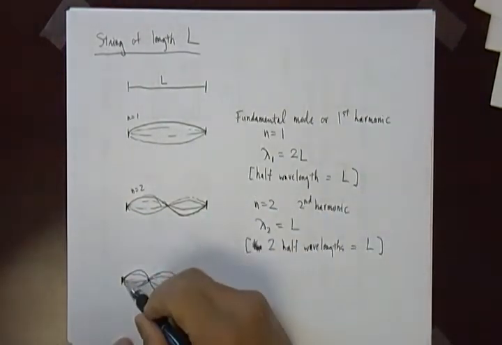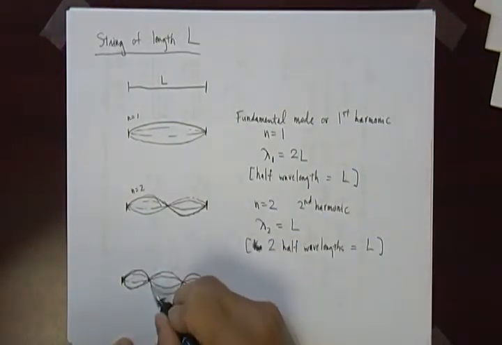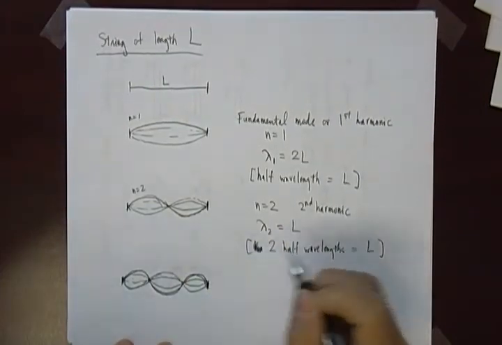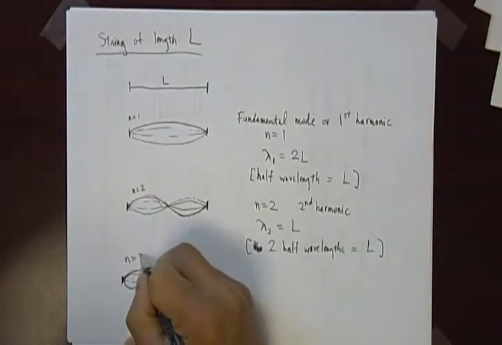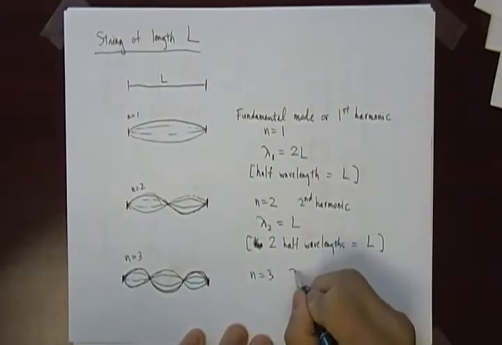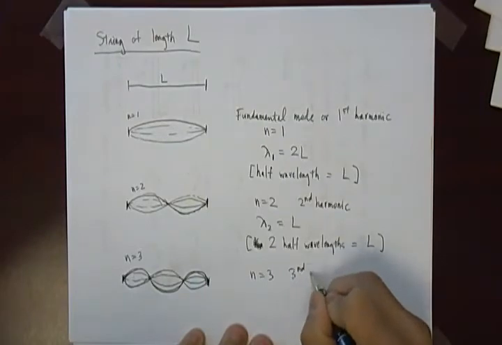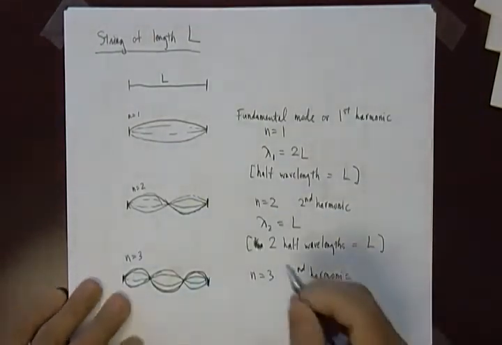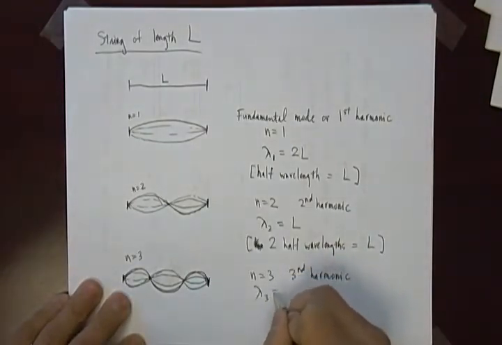So here we have the n equals 3 mode. N equals 3. And in this case, we call it the third harmonic, you might expect. And the formula here is lambda 3 is equal to 2/3 L.